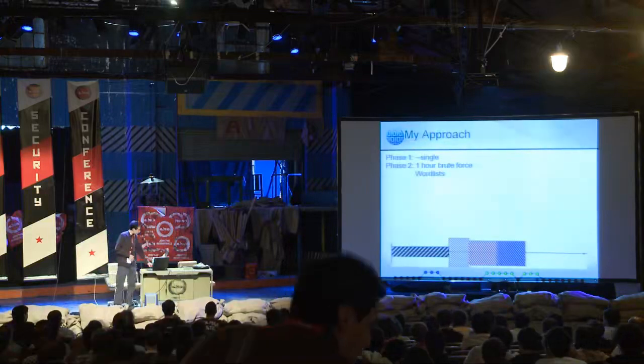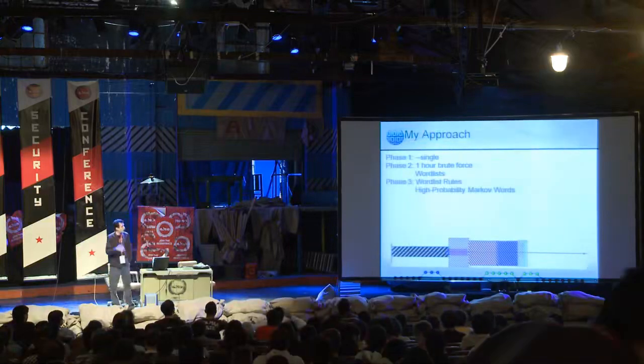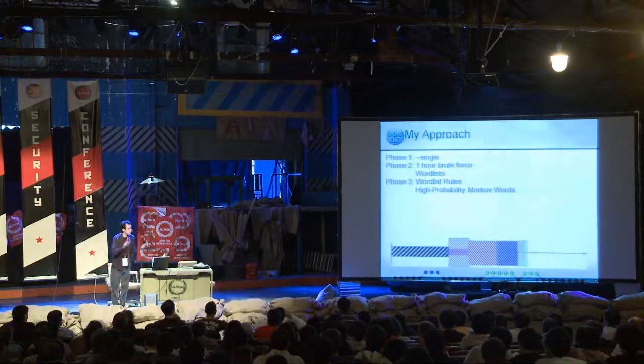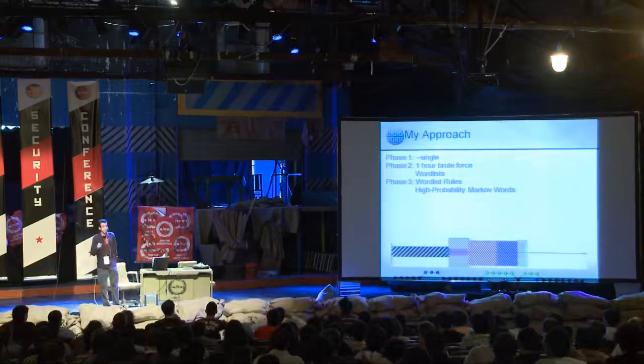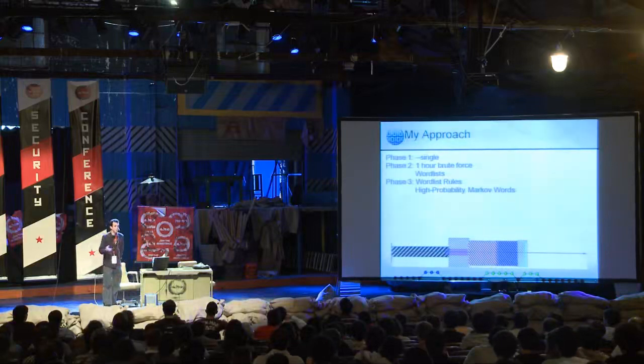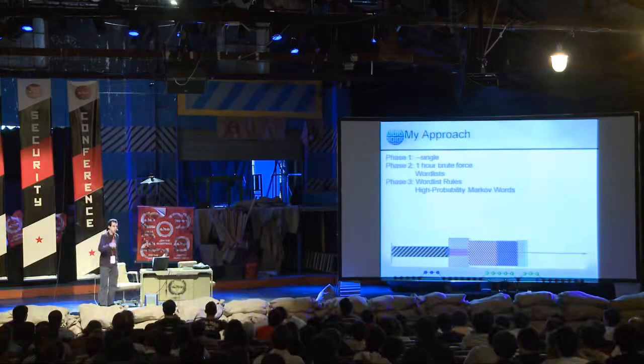So I'd run it with word lists, and then I would use word list rules and then Markovs. So if you've never heard of a Markov generator, the easiest way to explain it is Italian surnames. So think of Italian surnames. Berlusconi, Trattoria, Luciano. They're very easy to create in your head.